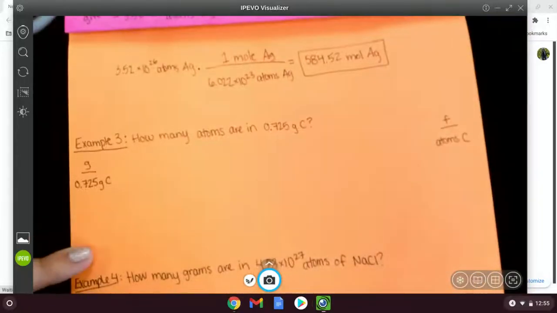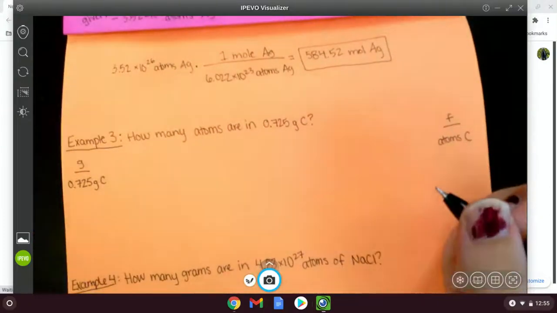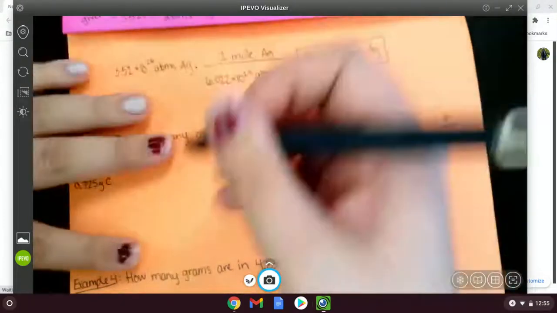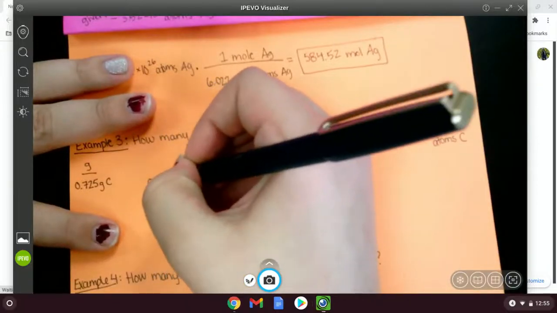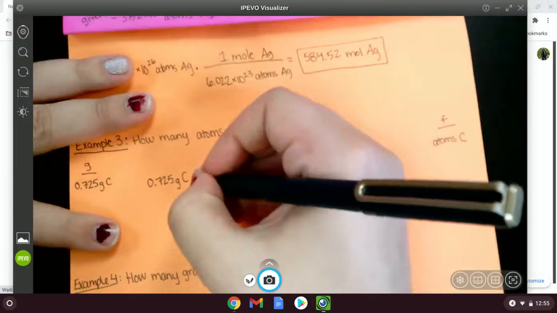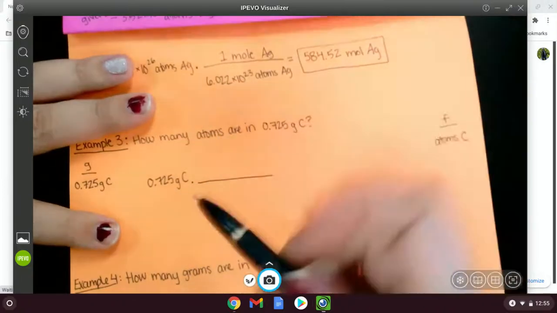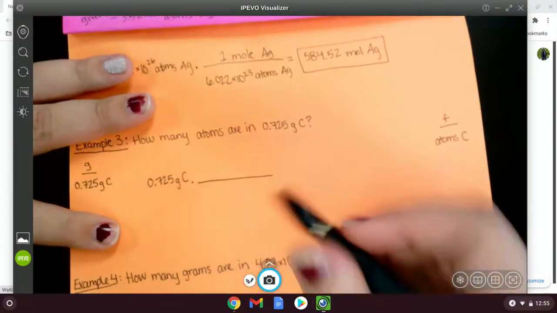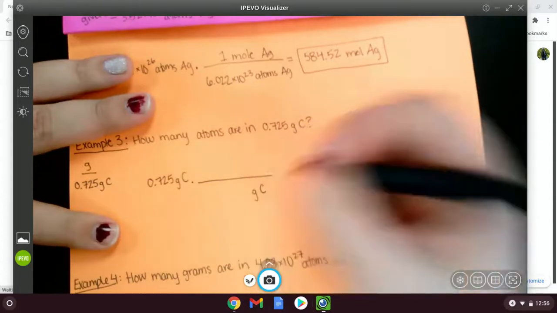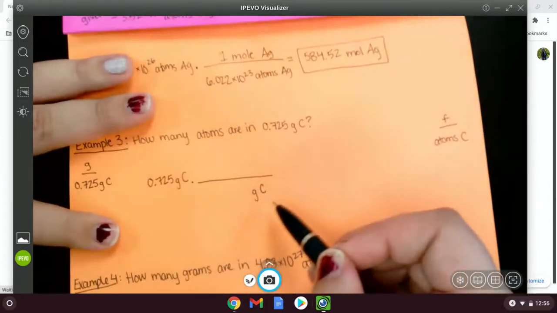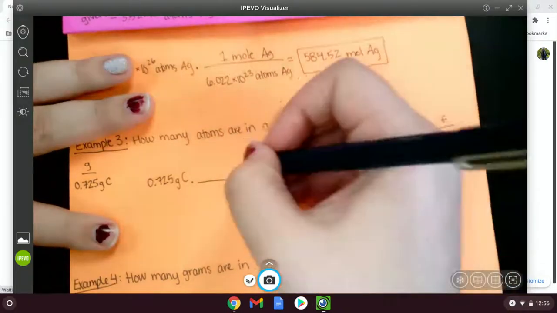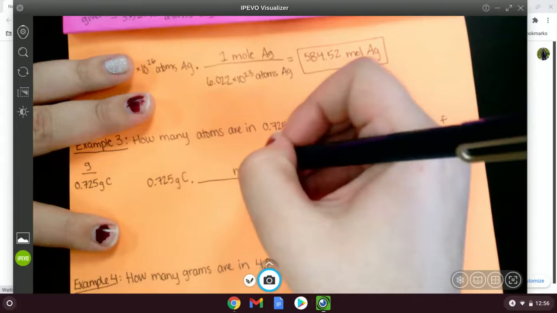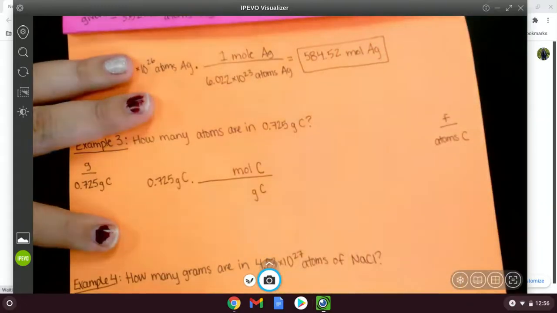So here we go. Let the units guide you. Remember to always, always, always start with what you're given. So we were given 0.725 grams of carbon, dot and a line. Grams of carbon needs to go on the bottom because I want that to go away. So when we have grams of carbon on the bottom, we know that we're dividing by the molar mass, so we know that a mole of carbon needs to go on the top.